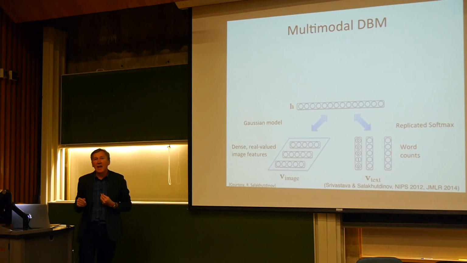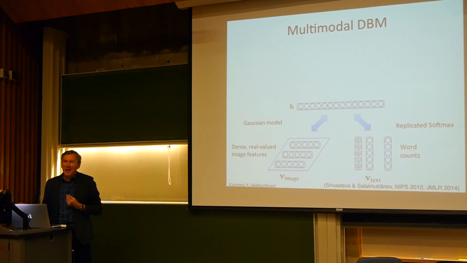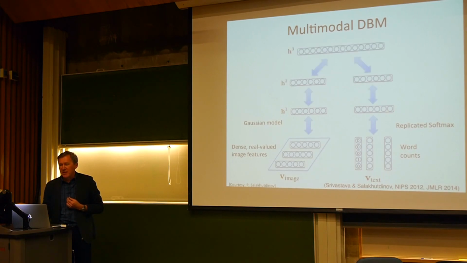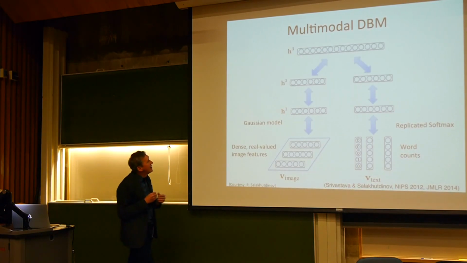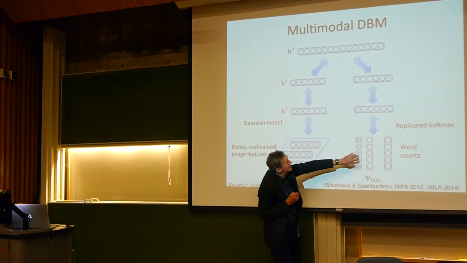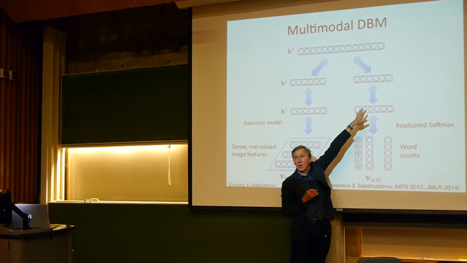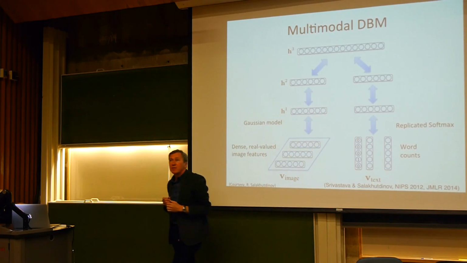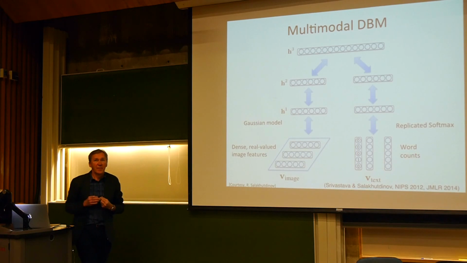If we did that with one layer, it would work not too great. But now that we have the idea of deep networks, we can instead build networks that, for a while, work on just one of the two modalities, and then at the end, try to learn a shared representation across them.